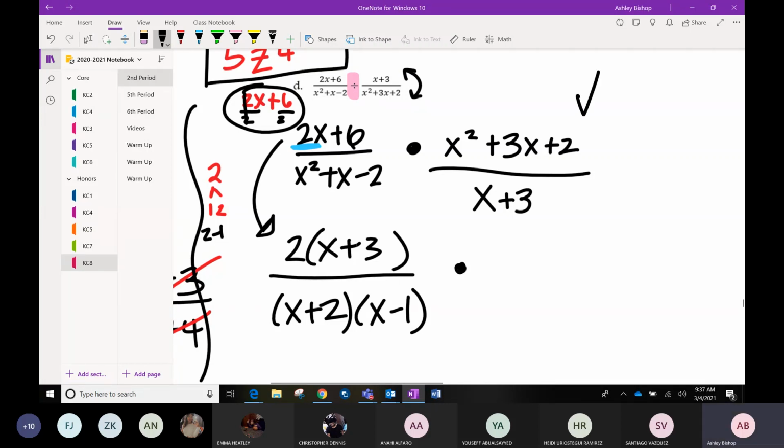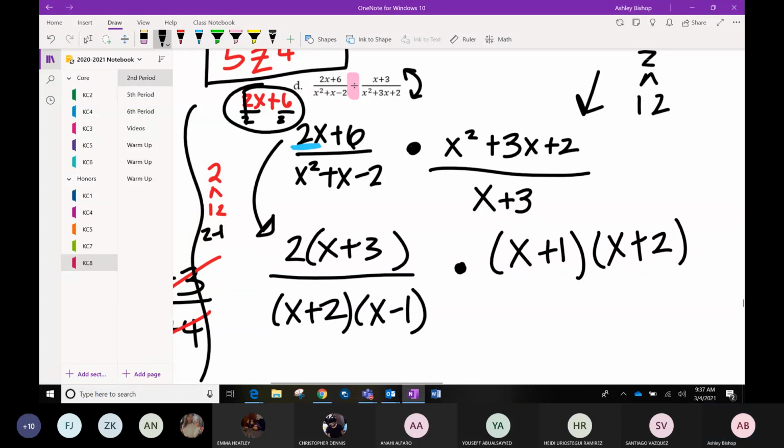Times, I want the factors of 2 that add to 3. The factors of 2 again are 1 and 2, and 1 plus 2 will get me 3. So both of them will be positive, x plus 1, x plus 2. And then my denominator, x plus 3, will not factor. I have x by itself plus a number.